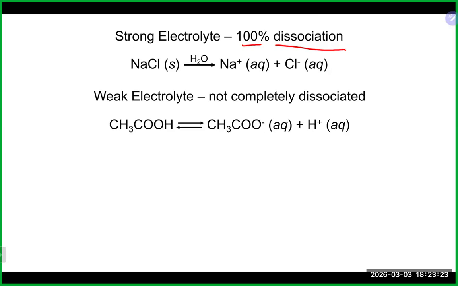If you had electrodes attached to a light bulb and put them into a strong electrolyte, the light bulb would be very, very bright because it's conducting electricity very well. For example, with salt water in solution, you have 100% of these ions.